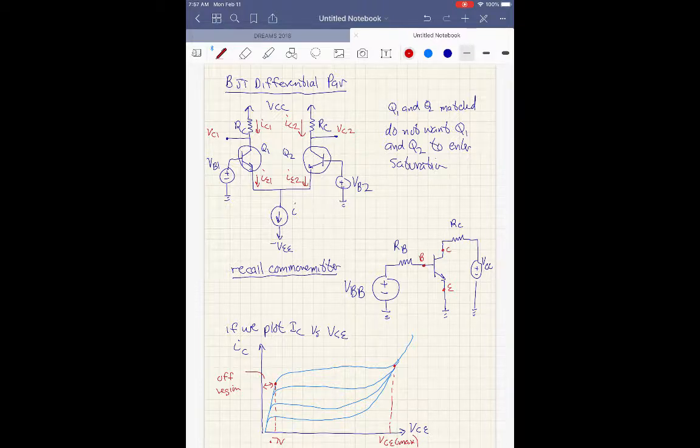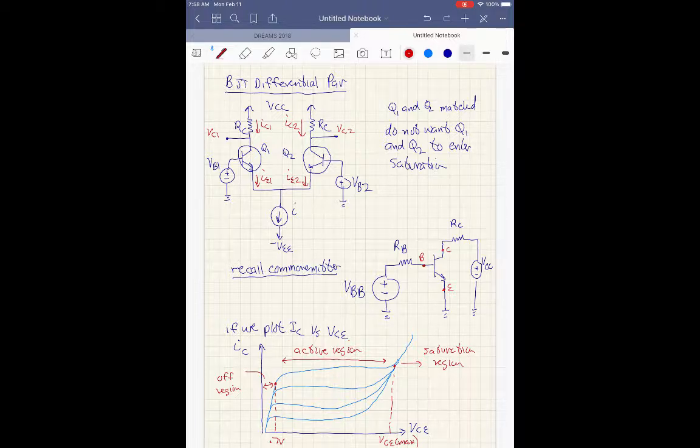Then over here, greater than VCE max, is the saturation region. And in between those two, we have what's referred to as the active region. This is where the transistor is acting like a transistor.